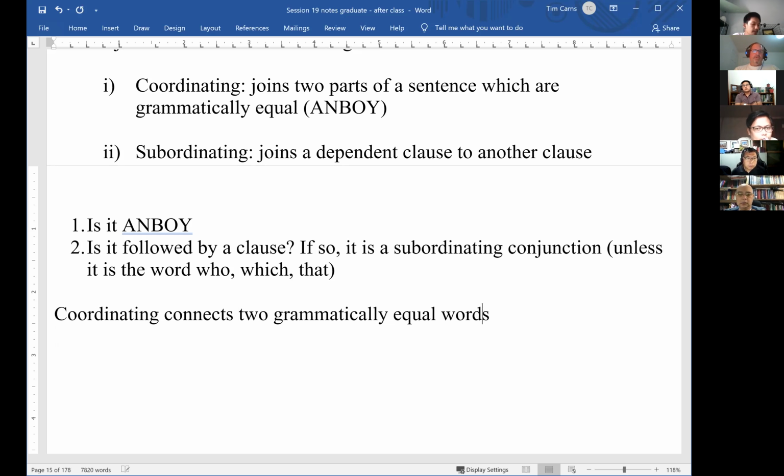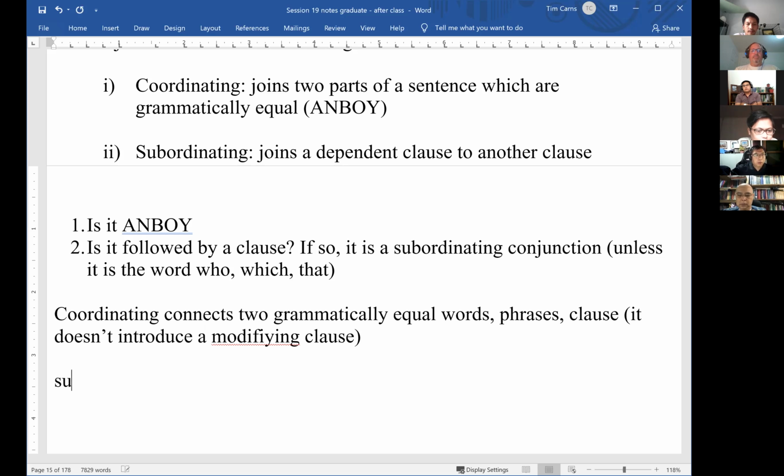words, phrases, or clauses. It doesn't modify. It doesn't introduce a modifying clause. But subordinating, by its own definition, introduces a modifying clause.